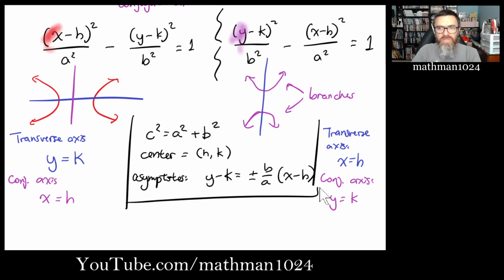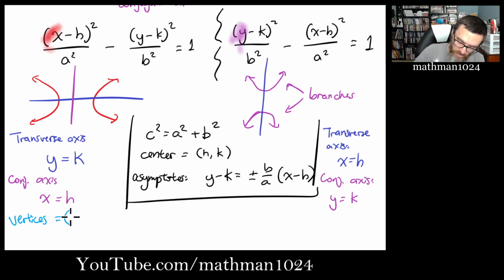Well, what about the vertices? What about the foci? Okay, so your vertices, as you can see here for the ones that open out in the x direction, are going to have the same y coordinate as your center, but shifted from your center left and right by a certain amount. And that's going to be the a value right here.